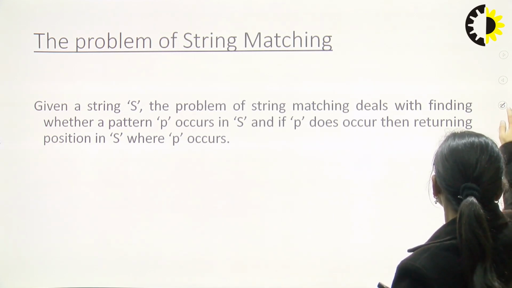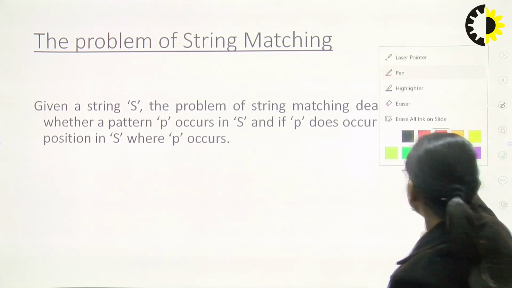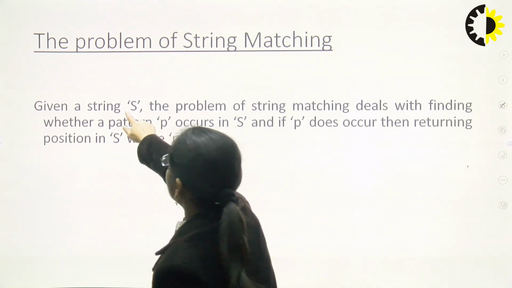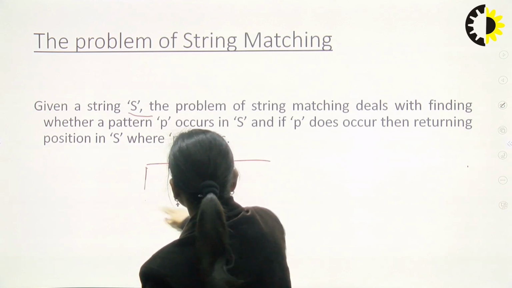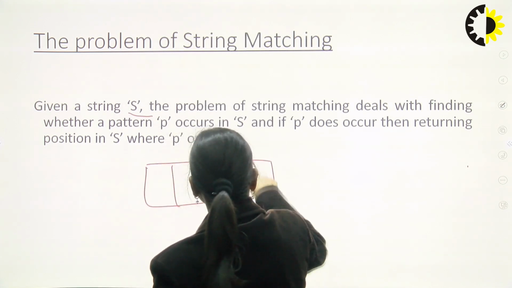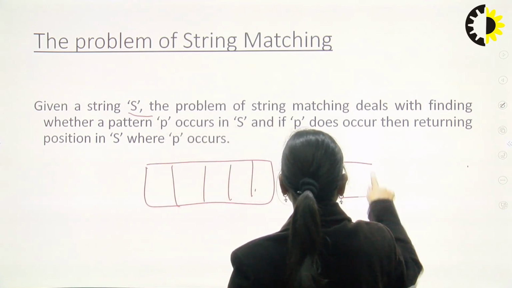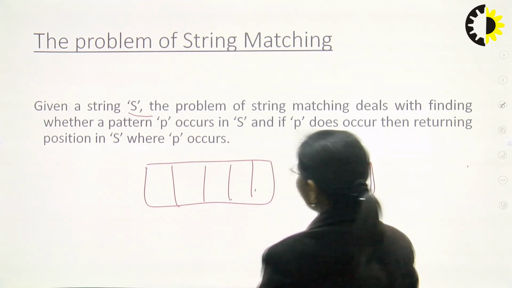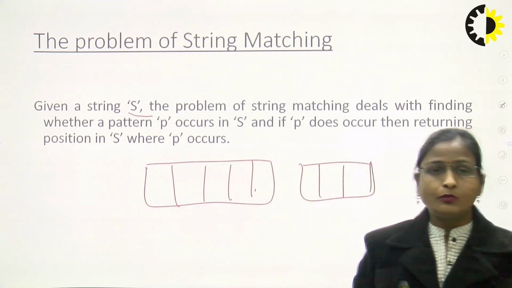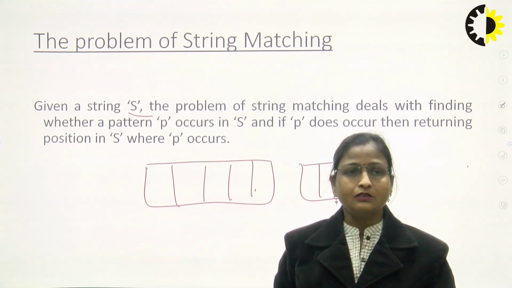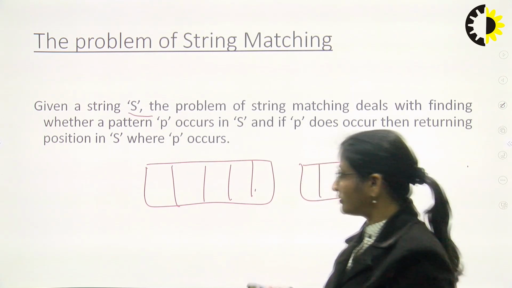That means there is a given string, and in this string we have to find the pattern P. That is the problem of the KMP matcher, the string matching algorithm.